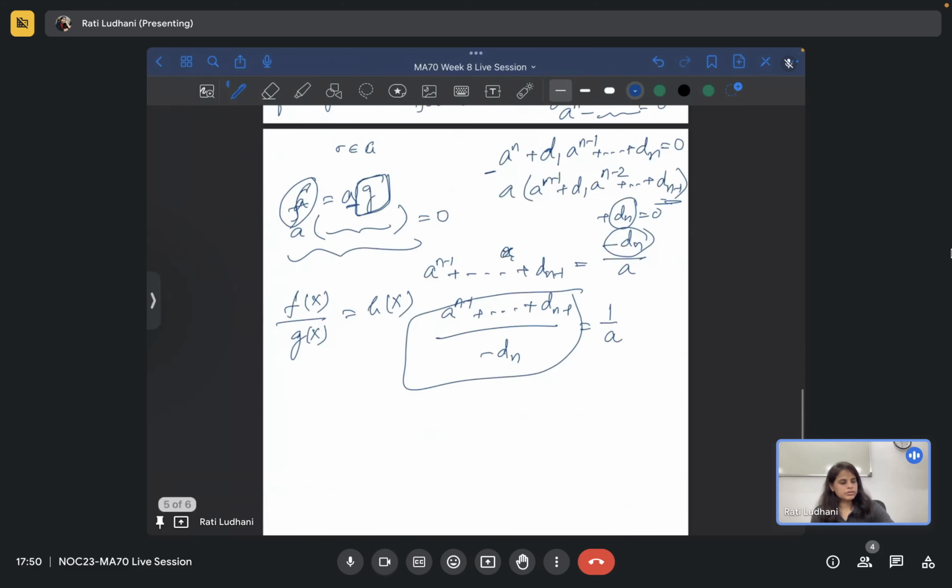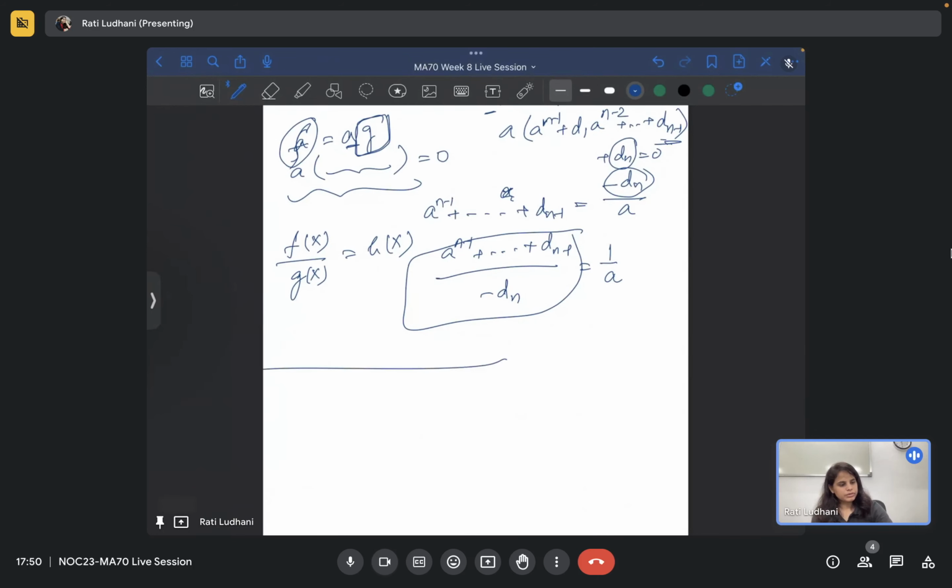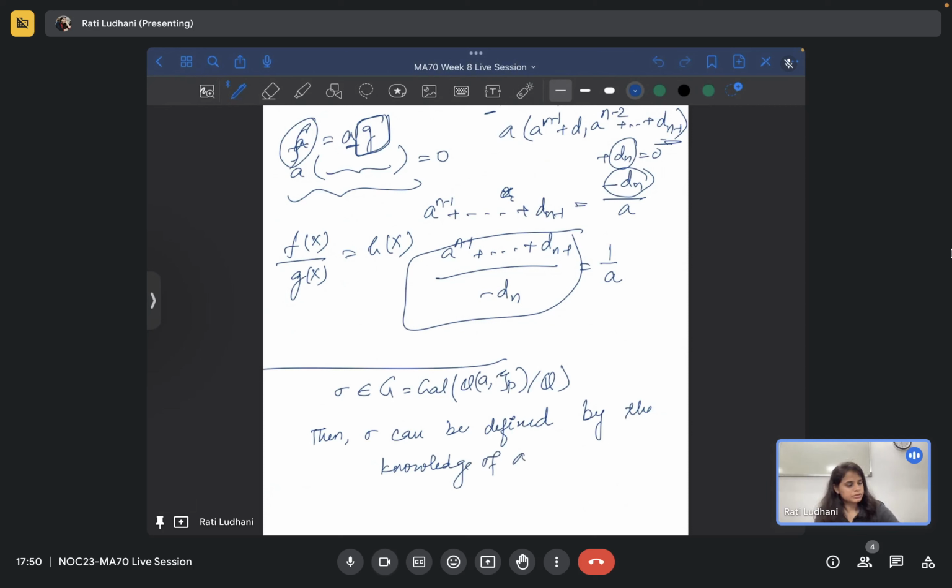So what do we have? If we take some sigma in G, which is the Galois group of Q(a, zeta_p), then sigma can be defined by knowledge of where a and zeta_p map.